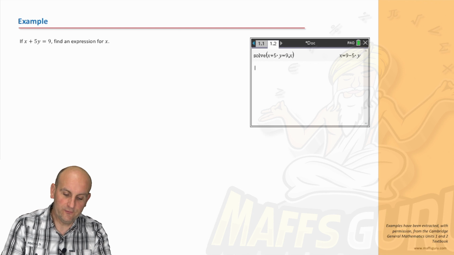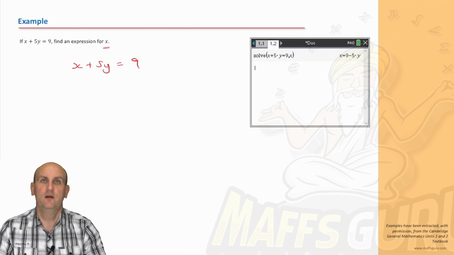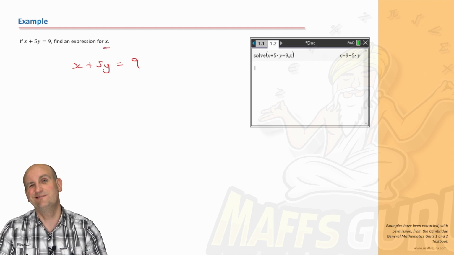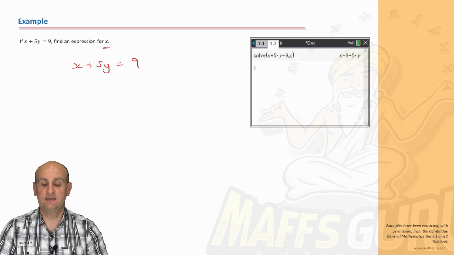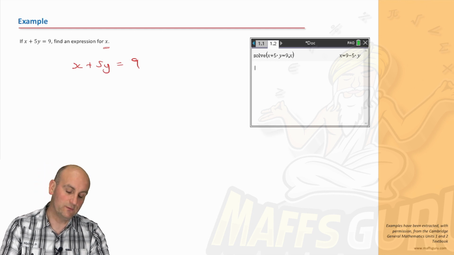Here, what do you notice? We've got the equation x plus 5y is equal to 9. And it wants us to find an expression for x. Now, we'll see how that one goes. But it's basically saying, just let x on its own. So we go back to our unpacking stuff. Is there anything in front of the x? No. So what do we do? Nothing, we leave it. All right. What about the plus 5y? Can I get rid of that? 100%, because I want the x on its own.